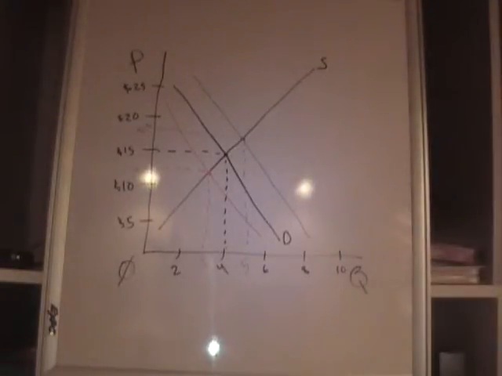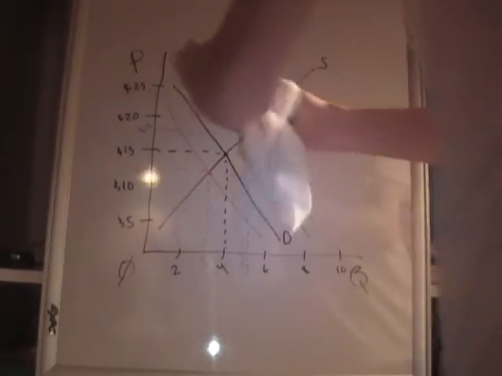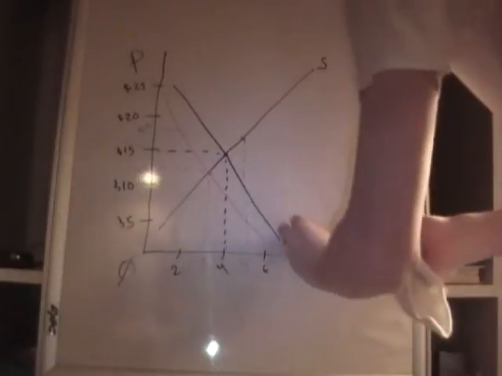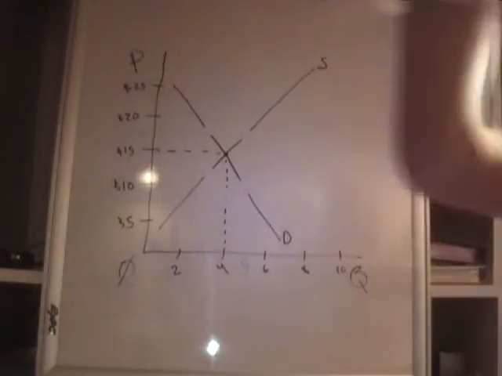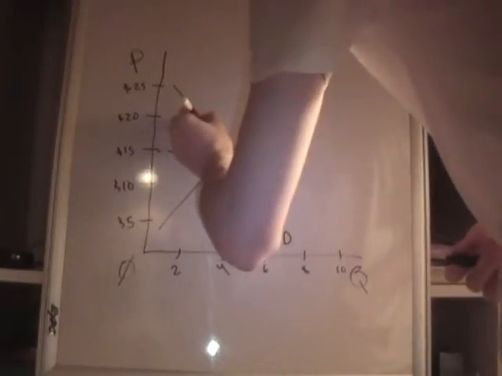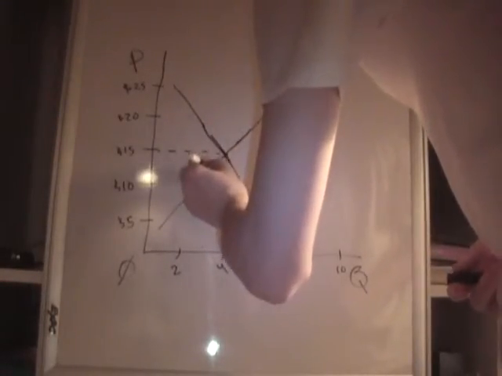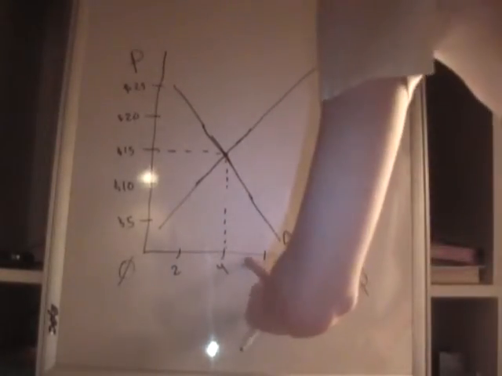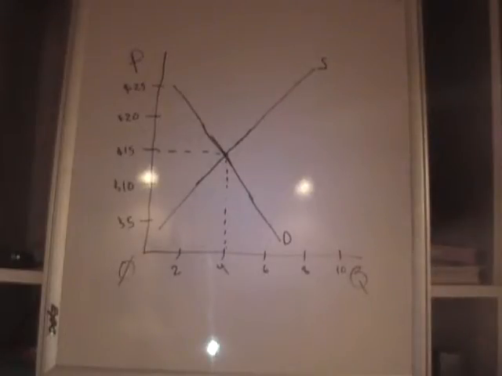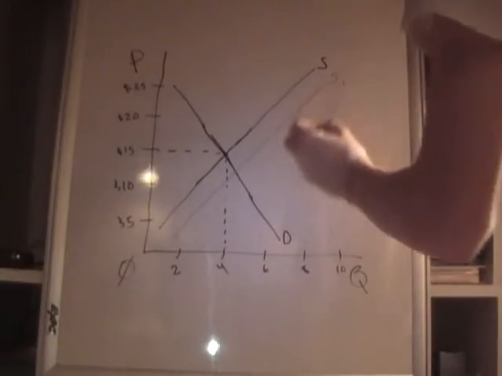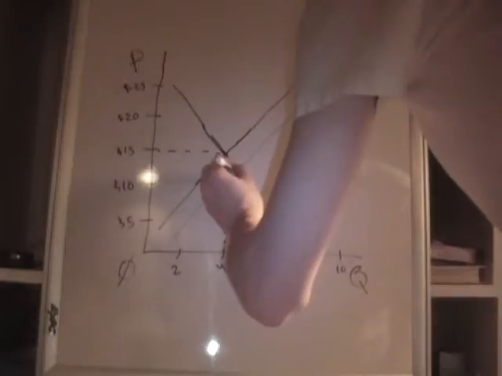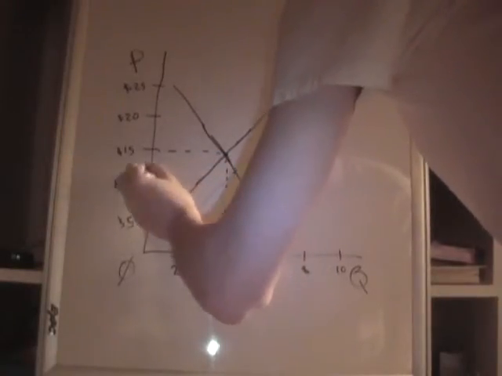Now for supply, it's the exact opposite. If supply increases, but demand stays the same, then the quantity produced is going to go up, but the price is going to go down.